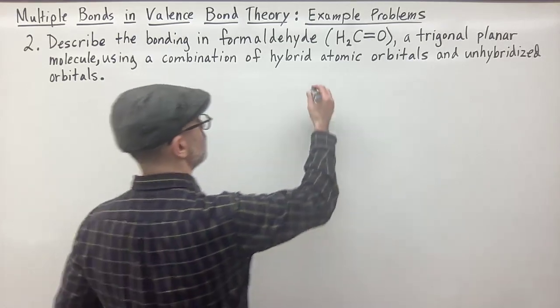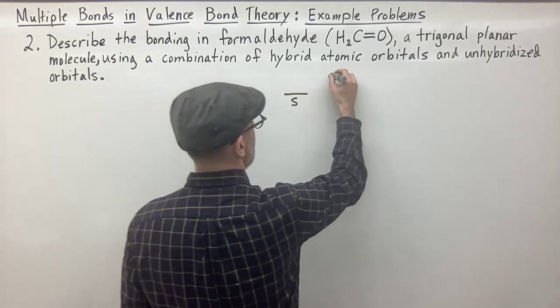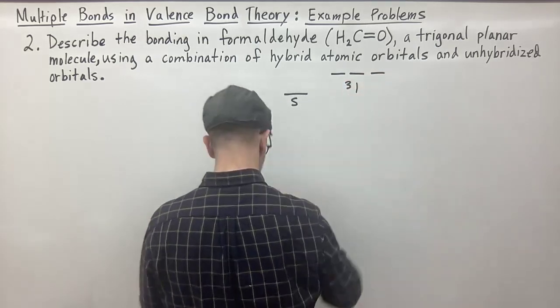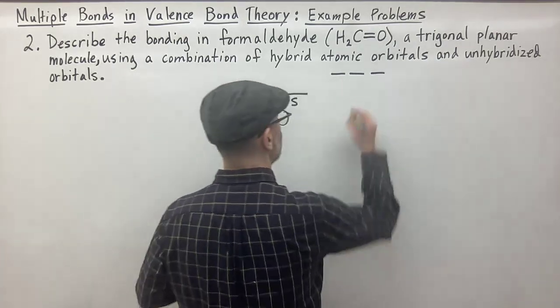So again, what that means is we got an S and we got our three p orbitals.